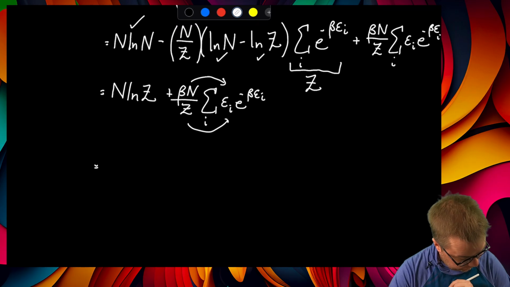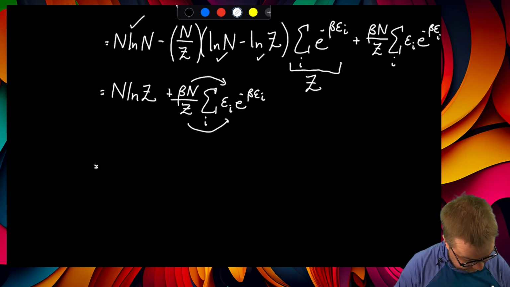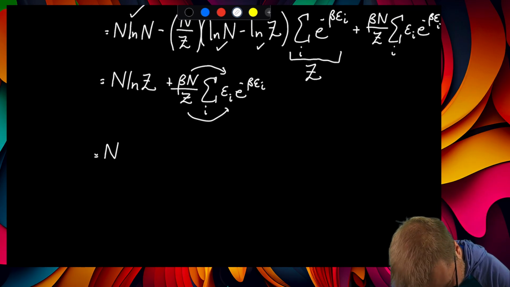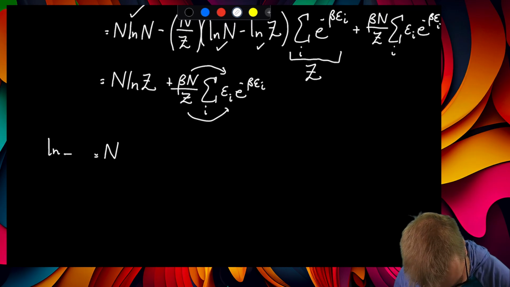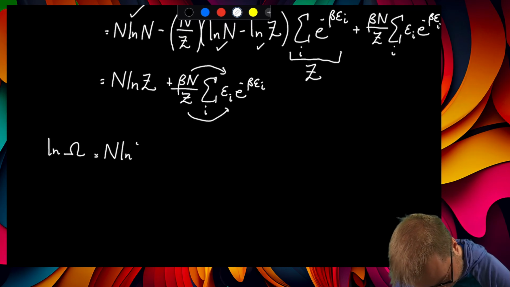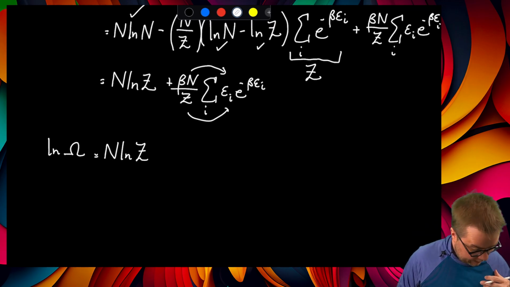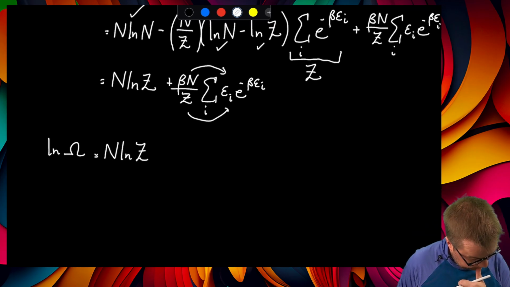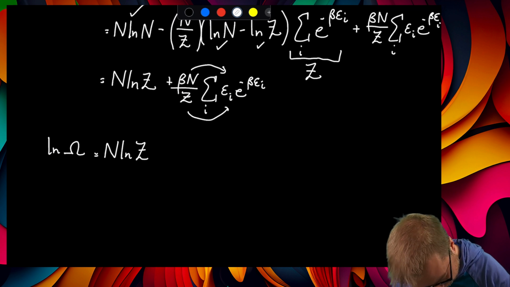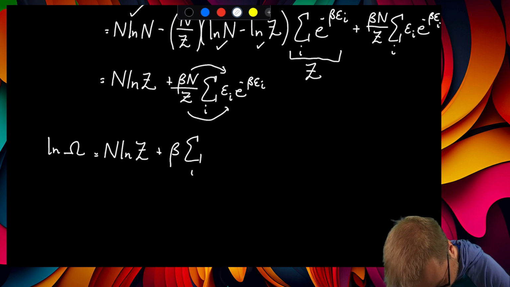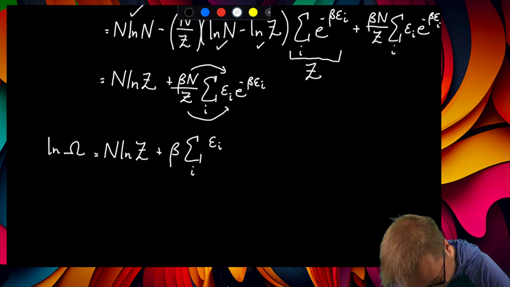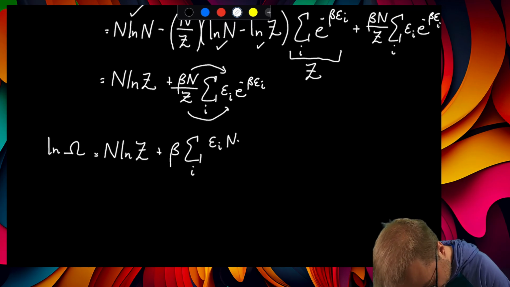And so I'm going to be left with, let's be very careful, again this is log omega, is n log z, and then plus beta summation over i of epsilon sub i n e to the minus beta epsilon sub i over z.